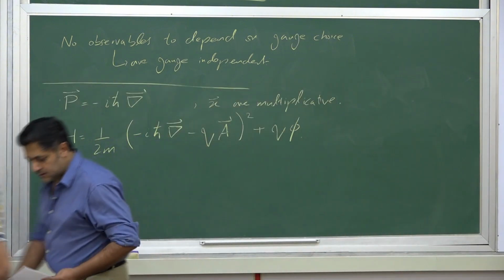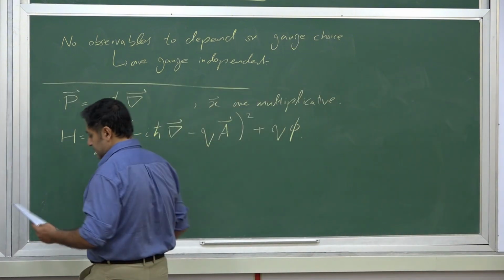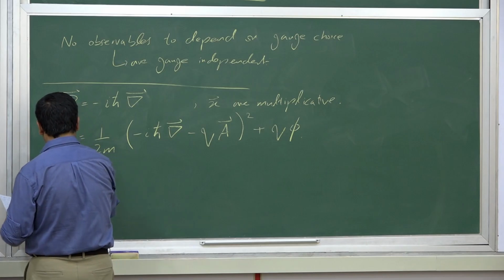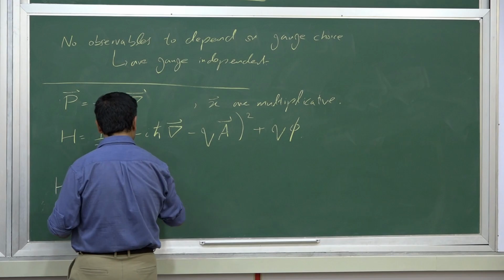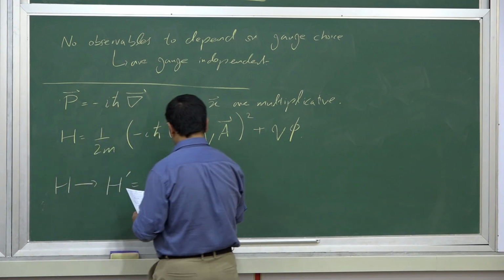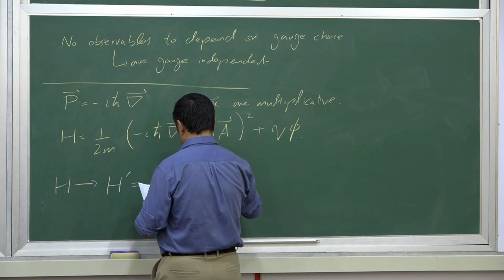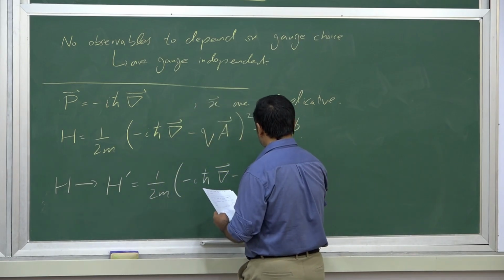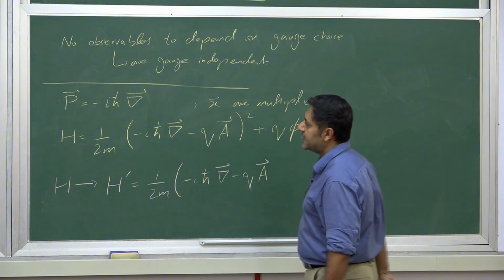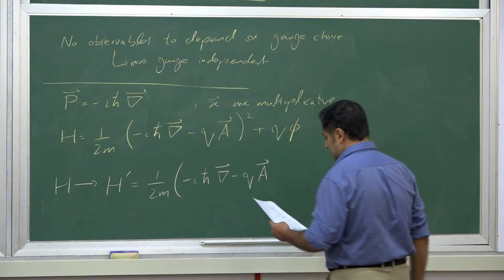So if I do that, I get this H goes to H prime. I'm replacing this A by A dash.